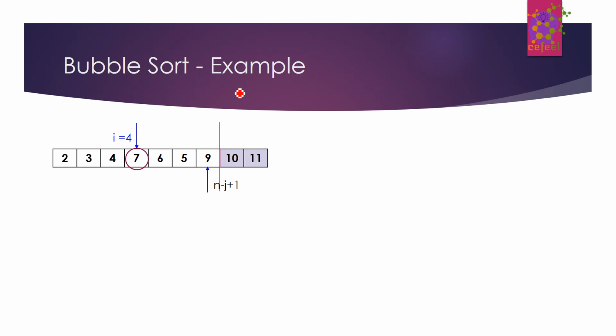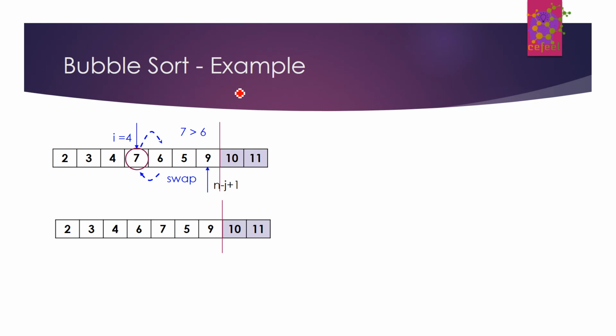With I equals 4, A[I] and A[I+1] will be compared, and notice 7 and 6. So here we have out of order, because 7 is greater than 6. We need to swap them and move 7 to the 5th position. So we swap them and we move 7 to the 5th position. I now points to 5, and now we will again compare A[I] with A[I+1], 7 with 5. 7 is greater than 5, so we have to again push 7 to the next position.